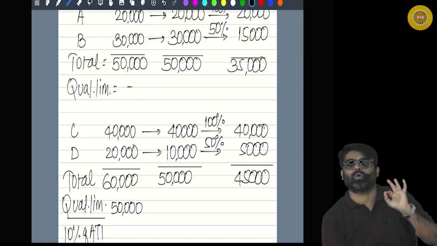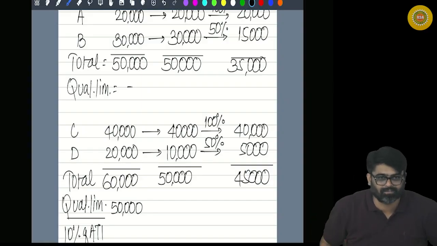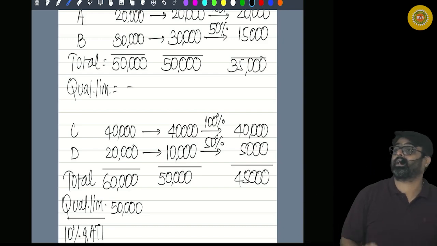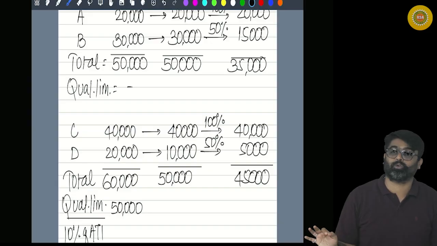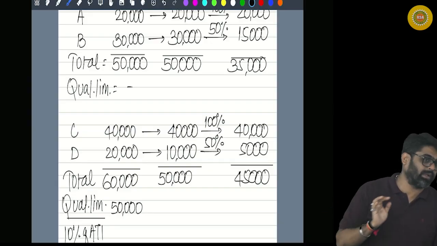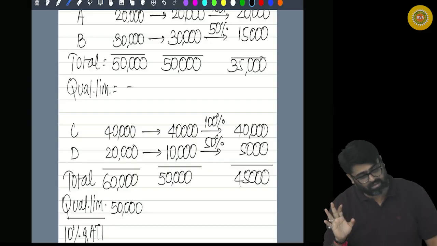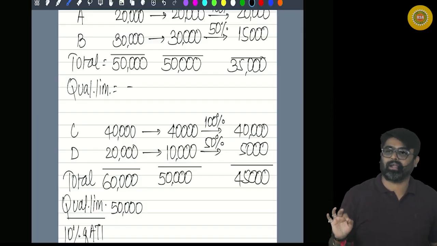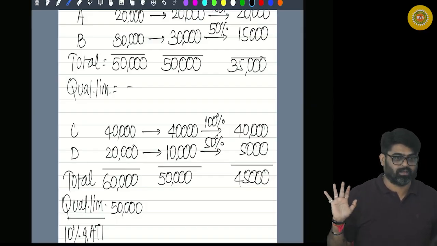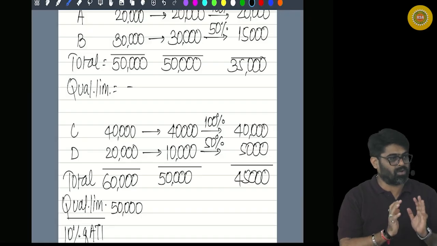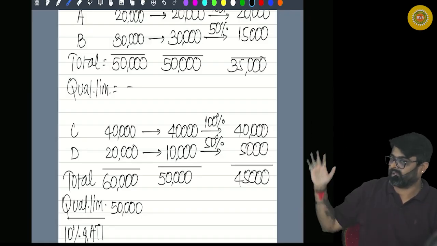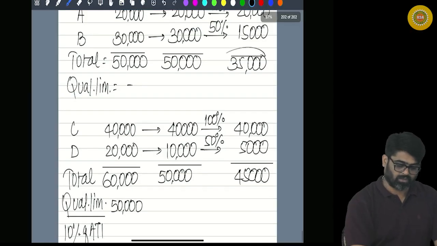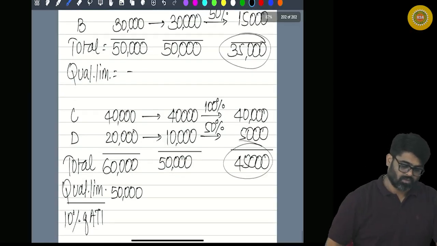Now you just have to identify from the question. Name of the institution will be given. And that institution is category A, or category B or category C or category D. If you correctly identify the category, then put that amount like this, make the calculation like this, you will get the answer. 35,000 plus 45,000.